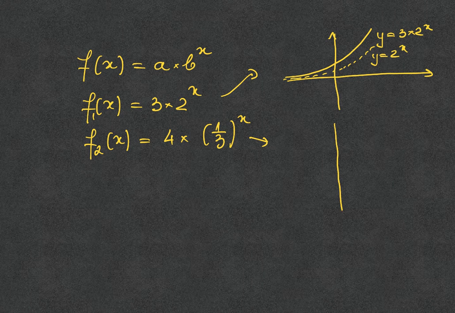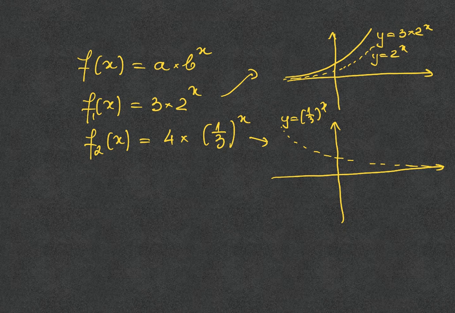In this case, when the base of the exponent is between 0 and 1, the function is decreasing, so this is y equals 1 over 3 to the power of x, and then after a vertical stretch by a factor of 4, our graph will look like this.